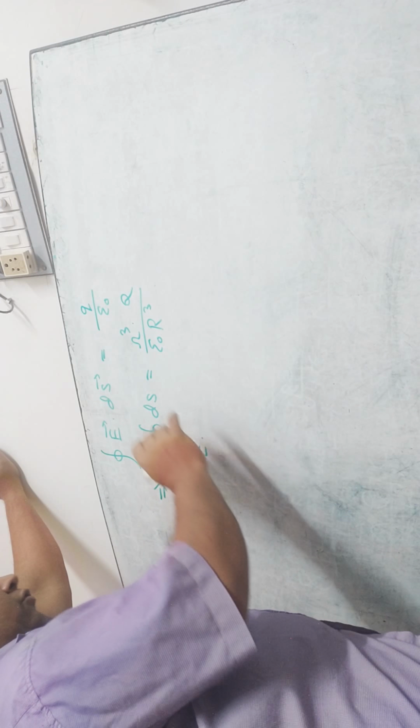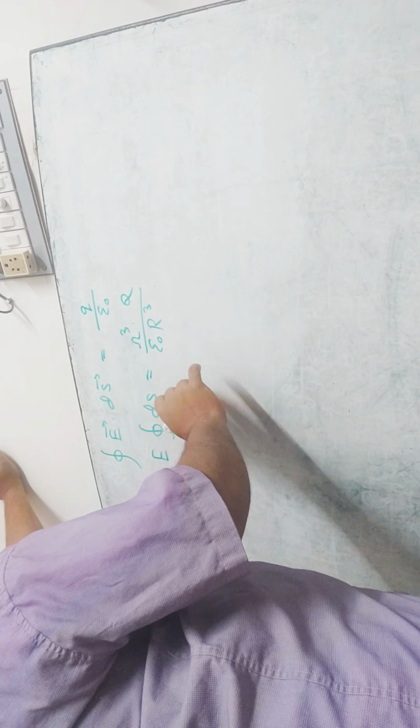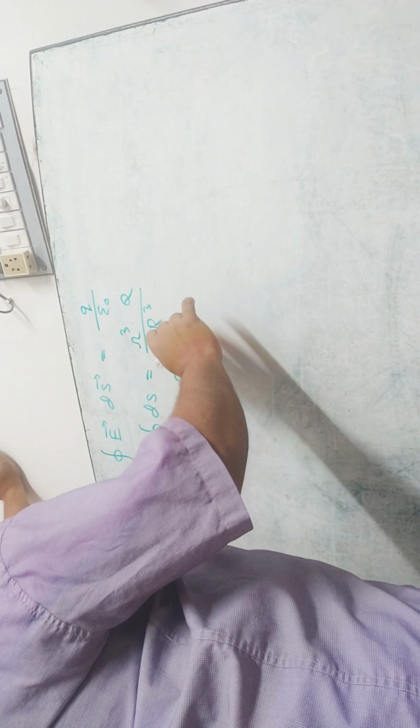This gives E into the closed integration of ds is equal to 4 pi small r square.